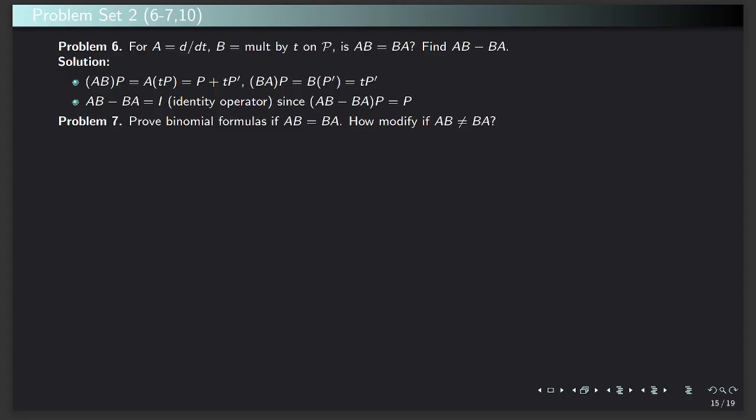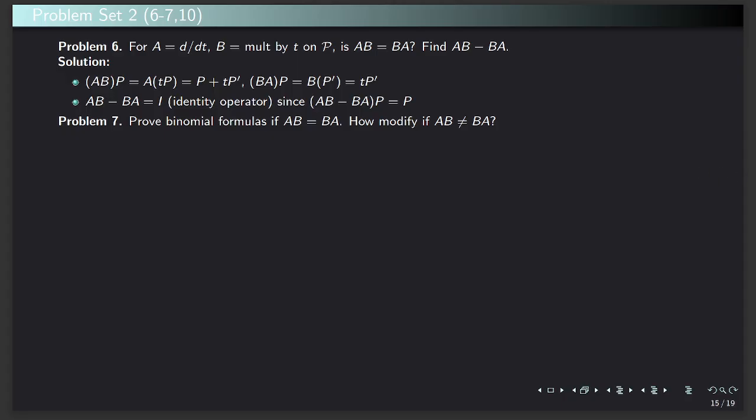And then the operator BA first differentiates P, then multiplies by t, yielding t times P prime. The difference, AB minus BA, is an operator that returns the original polynomial P, which is the identity operator. And this commutation relation, AB minus BA equals I, is a foundational structure, of course, hinting at quantum mechanics.